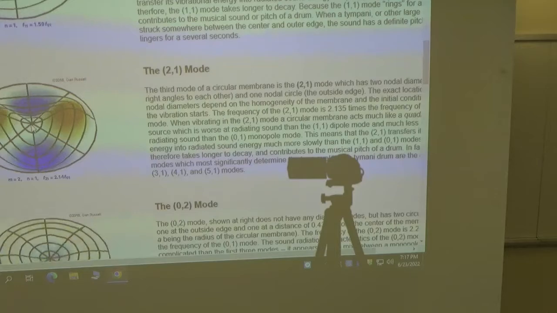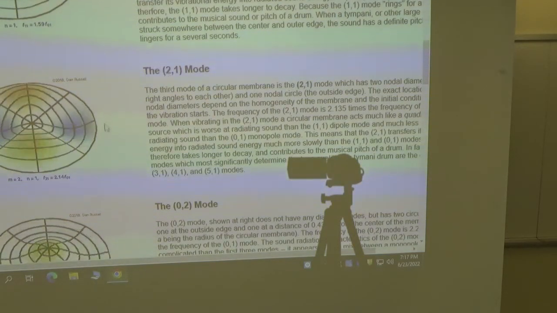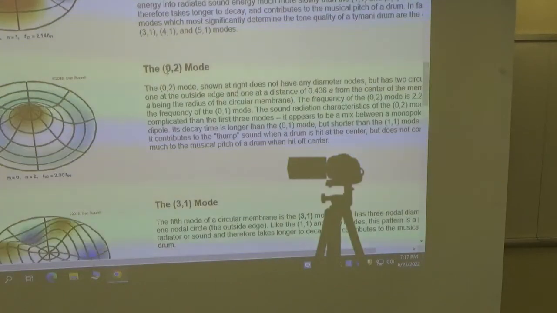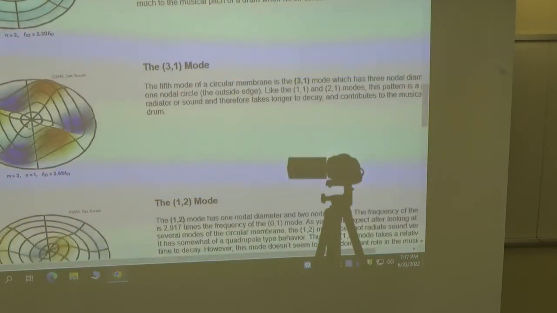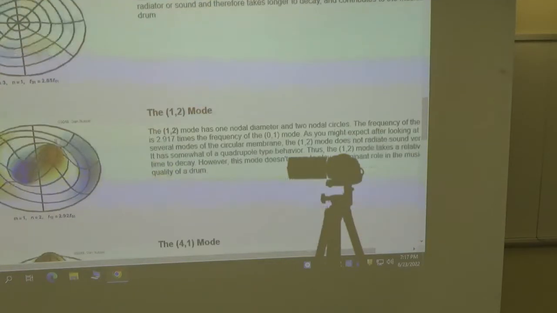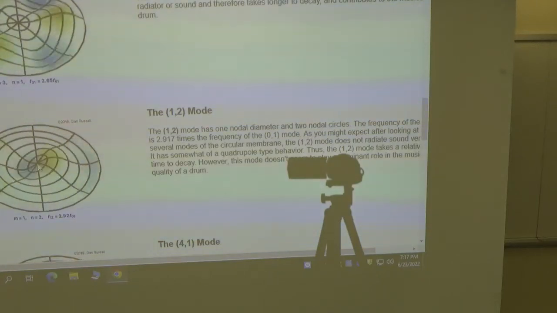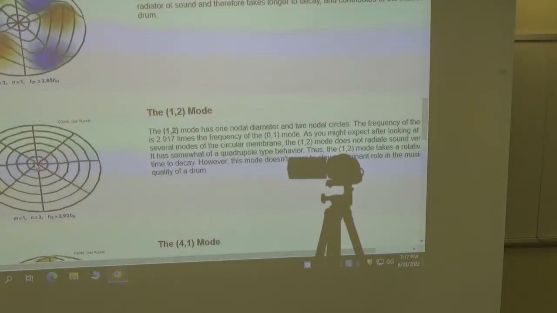Over here, again, the center point doesn't vibrate at all because it's J2. However, if you go to the 0-2 mode, do you see that the center point is now going up and down? Yes, because J0 of 0 is 1. This one, again, would give you 0. The middle point looks like it's moving, but at the very center, the height is always 0.